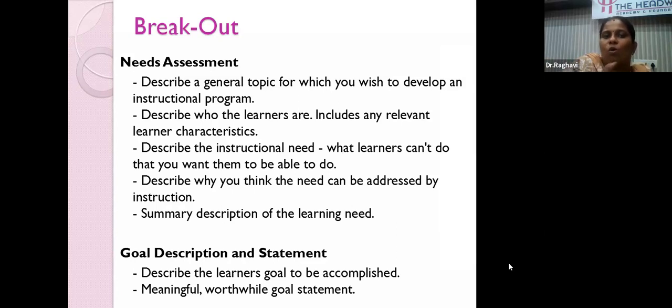This is what I want from the 2 teams, and both teams are going to present. The time is now 1:08. By 1:20 you will be starting to present. The breakouts will close. Is that okay?